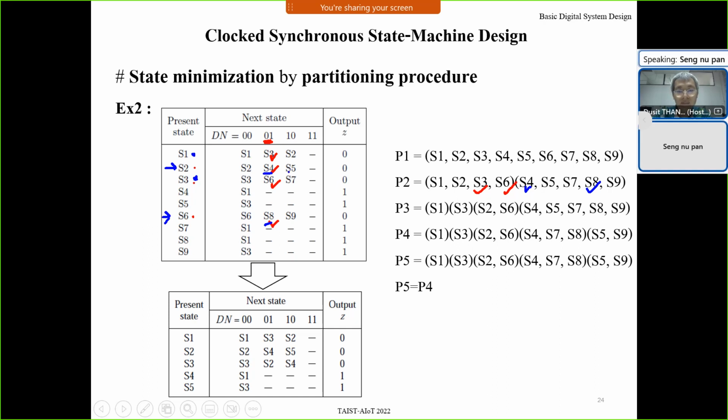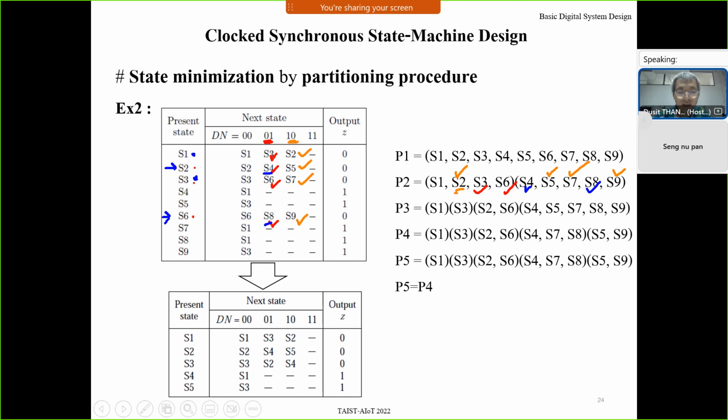And if I consider the case input is 10, for 10, next state is S2, is 5, 7, 9.